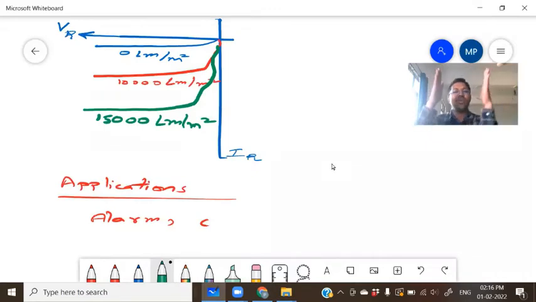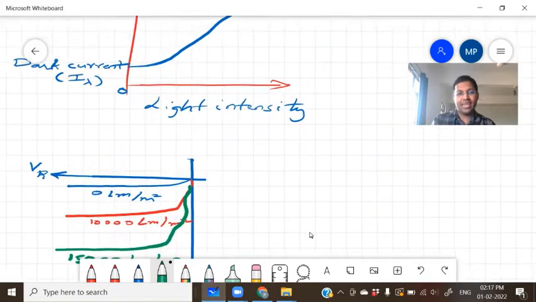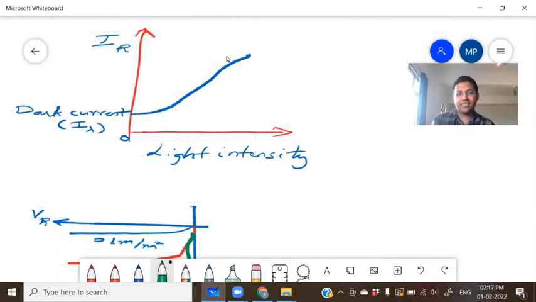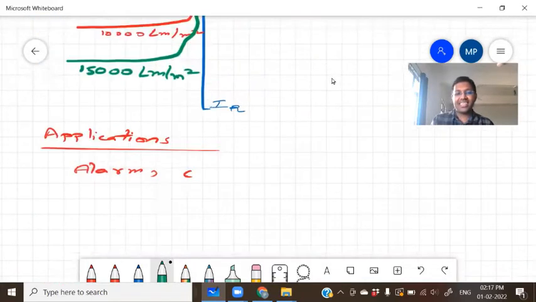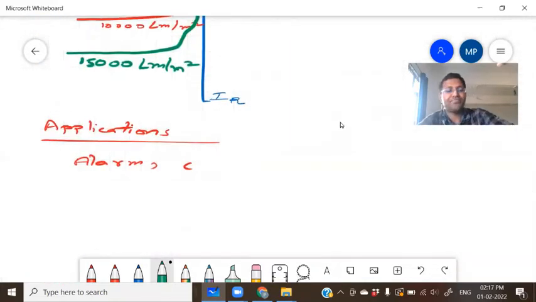You can put a light beam, and when the person crosses the light beam, the light is deflected, and the photodiode gives a signal. Based on the light intensity, the current changes. So using this signal, you can use it as a sensor and generate an alarm.